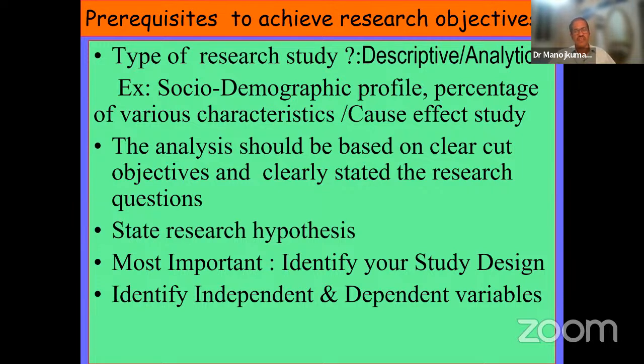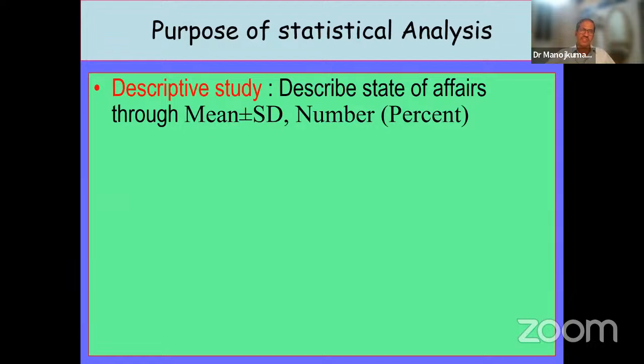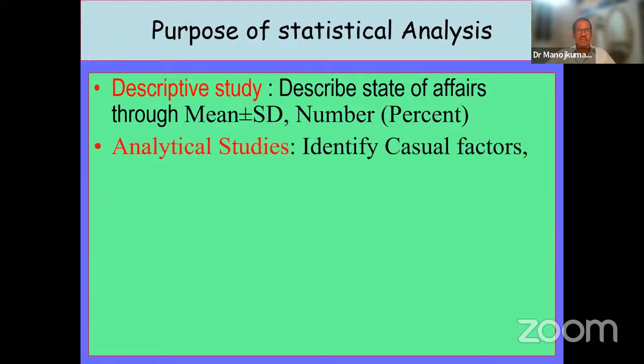If you are going for an analytical study, where there are dependent and independent variables, you have to identify what your dependent variable is, what your independent variable is, and what the scale of measurement is. Accordingly, you can choose the various statistical tests. When we go for a descriptive study, usually we describe the data in terms of number and percent for categorical data, and mean plus or minus standard deviation for quantitative data.